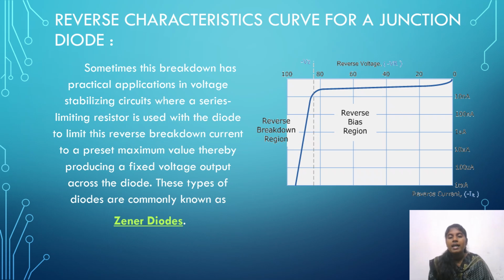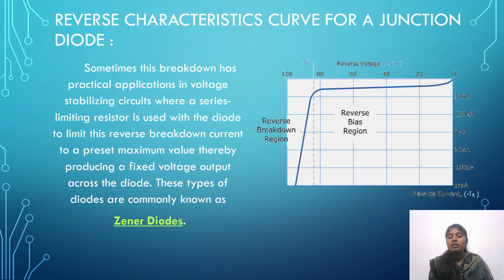The reverse bias has a breakdown region. This is known as Zener breakdown. Sometimes this breakdown has applications in voltage stabilization circuits, where a series limiting resistor is used with the diode to limit the reverse breakdown current to a preset maximum value, thereby producing a fixed voltage output across the diode.